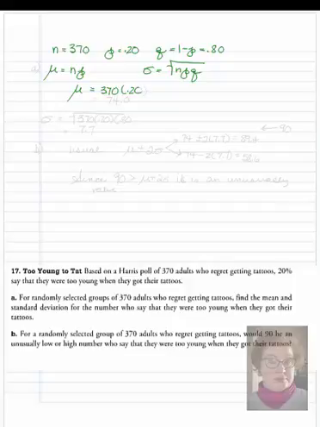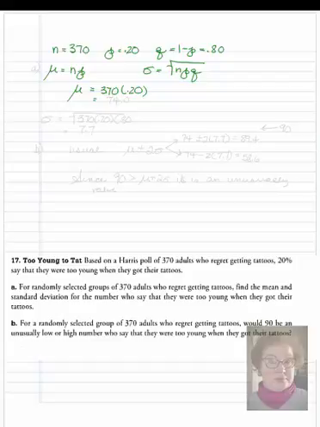times 0.20, which will come out to be 74. So the mean of the number of people out of 370 who say they were too young when they got their tattoos will be 74.